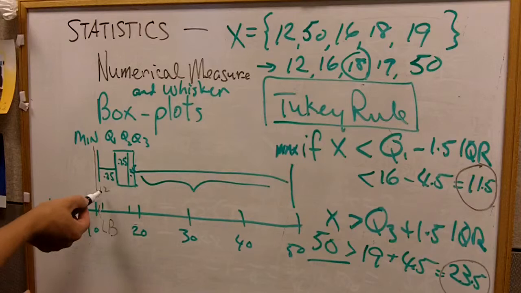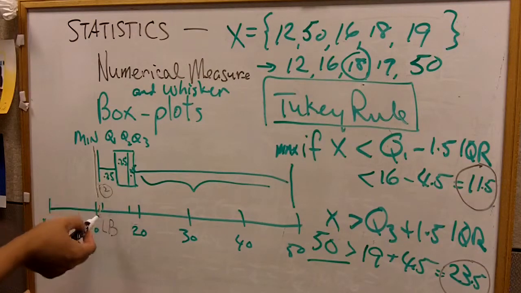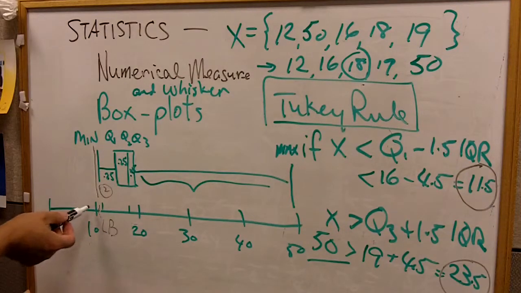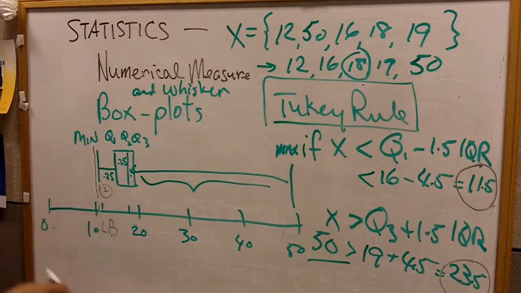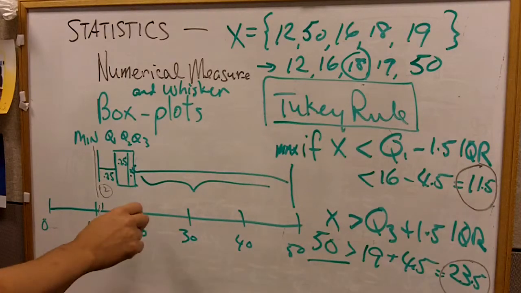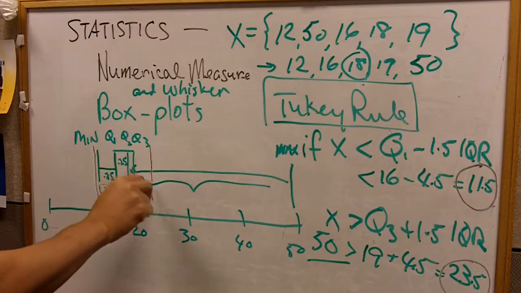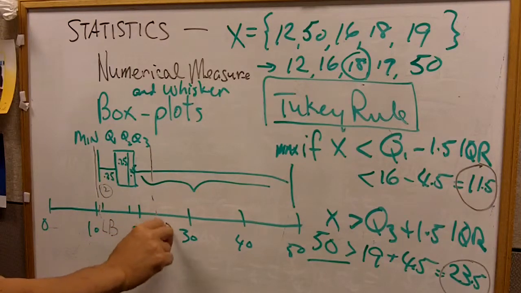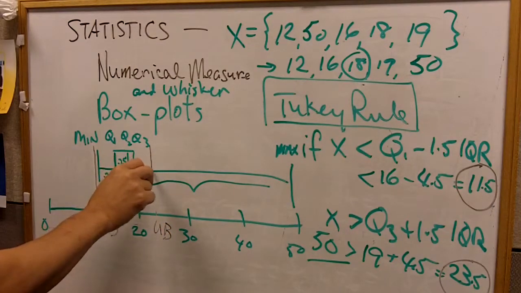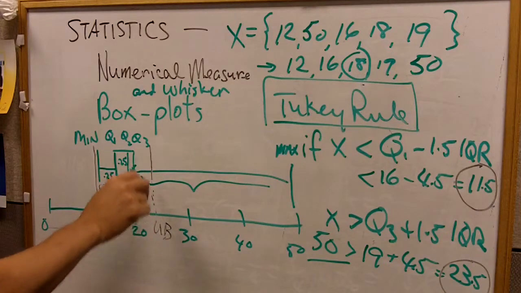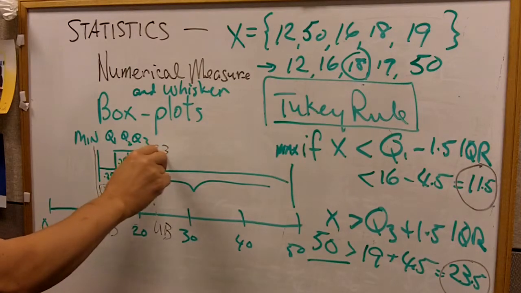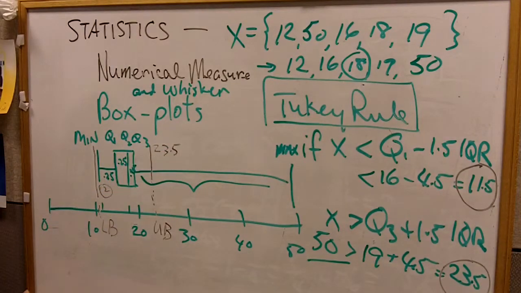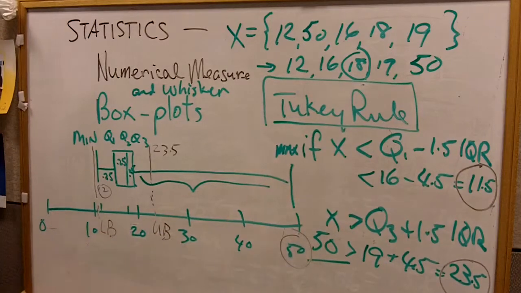And since 12 is the smallest value and is not lower than 11.5, there's no outlier on the left-hand side. But on the right-hand side, 23.5, let's say it's about here, and this would be the upper bound. Anything that falls outside this vertical marker of 23.5 would be considered an outlier, and 50 for sure is an outlier.